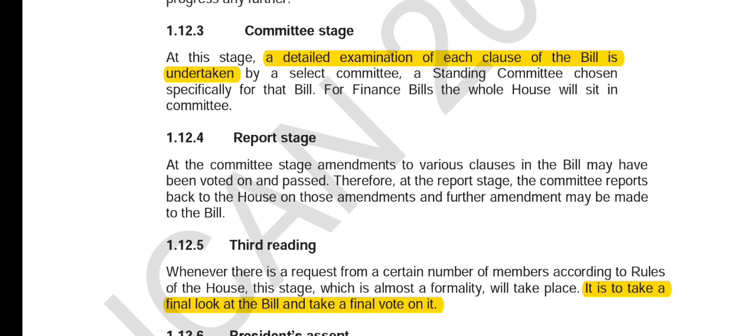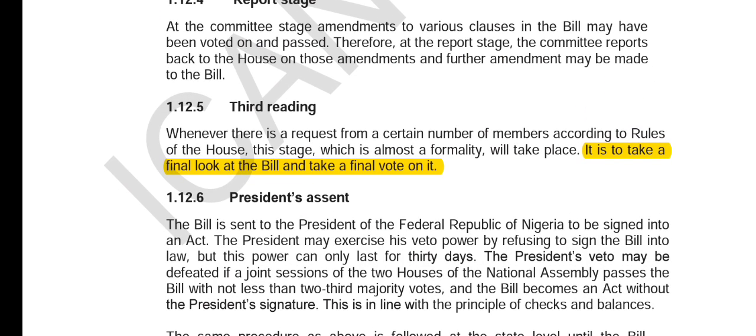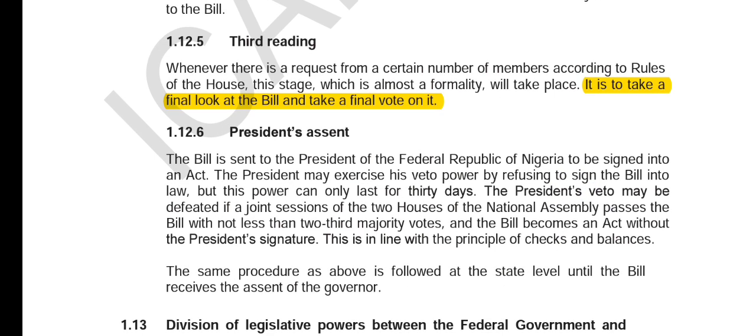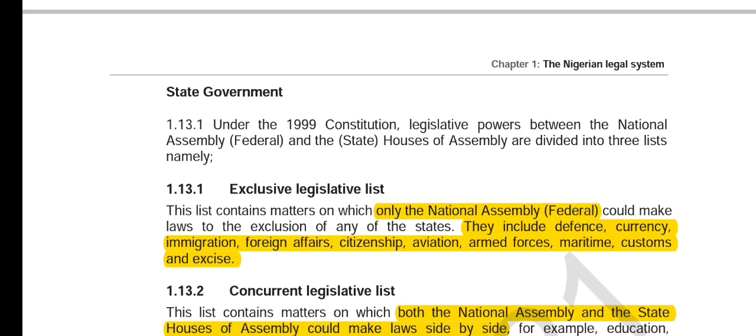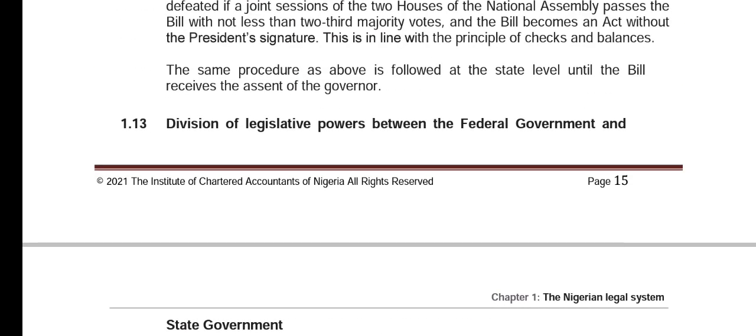The report stage is the next stage after it, and in this third stage, this is where they take the final look at the bill and then vote on it. When the house is satisfied with it, they send it to the president for him to give his assent to the bill.